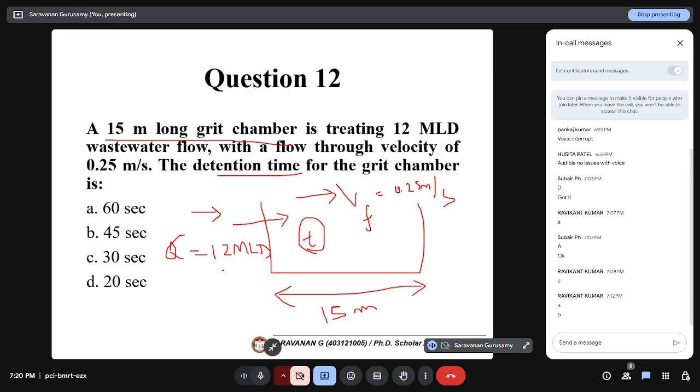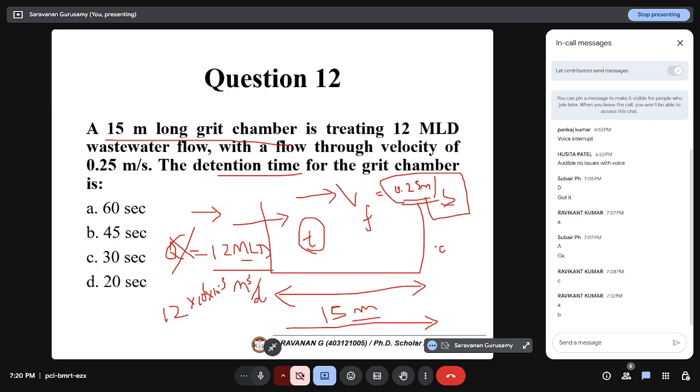So here, you know the Q, you know the V. Q is converted into meter cube per day. Already million liter, so 12 into 10 power 6 liter, and to convert liter to meter cube, 10 power minus 3. So this much meter cube per day. I have 0.25 meter per second. Q is not required here. I know the Vf, I know the length. So to travel 15 meters at 0.25 meter per second, how much time?